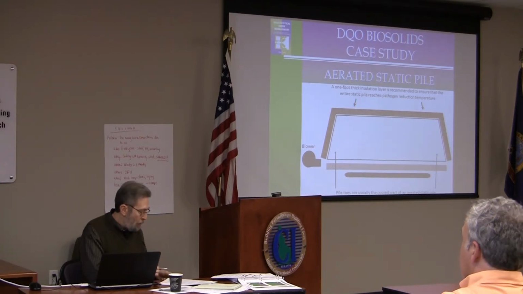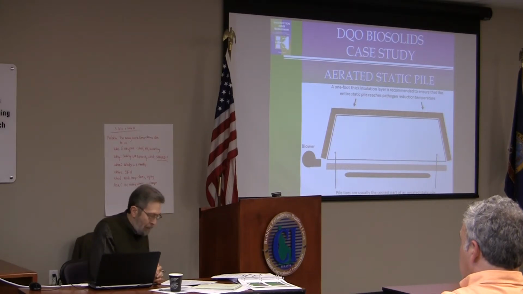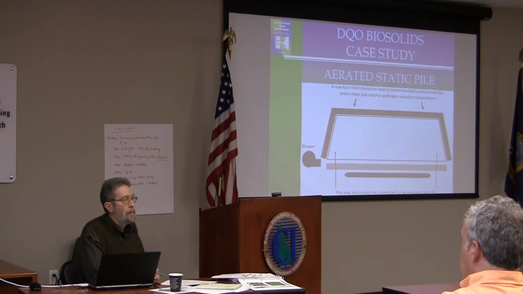Number 2, under information inputs. What is the basis of the information determination? Basically, we're just following the rules in 40 CFR Part 503, if I'm not mistaken. So fairly straightforward there. Sampling and analysis methods. Temperature data will be obtained using temperature gauges in the pile.